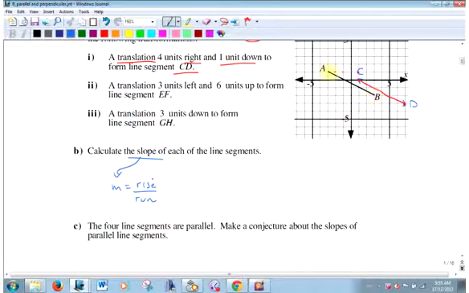If you've got a picture of it, then you just look. What's the rise? 1, 2, 3 units. And let's write that, that's AB. What's the run? 1, 2, 3, 4, 5, 6. Can I simplify that? Yes, then I should. Do I want to make it a decimal? No. And let me explain why again.